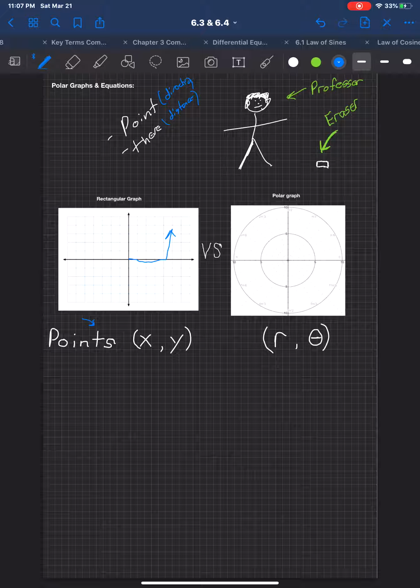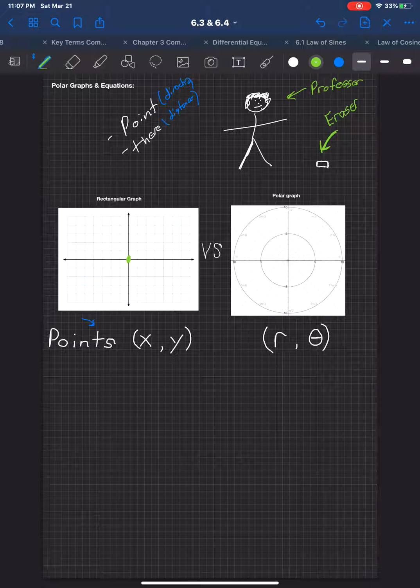So let's compare. When we're talking about the rectangular coordinate system, this is the coordinate system that you have been using the majority of your math career. Let's start with the basics. We have the origin, the origin 0, 0.